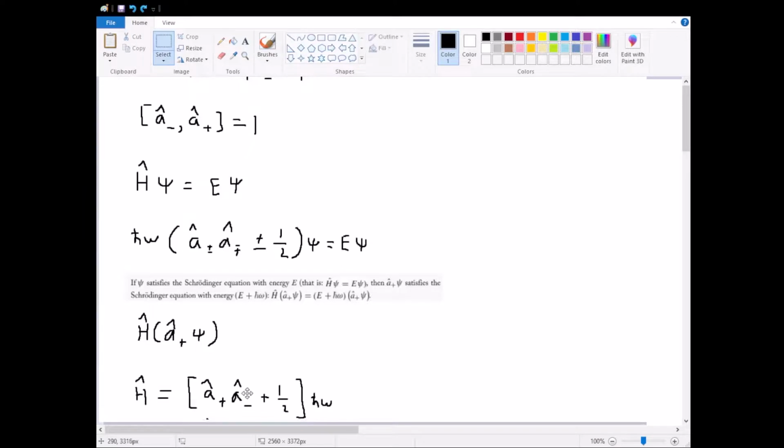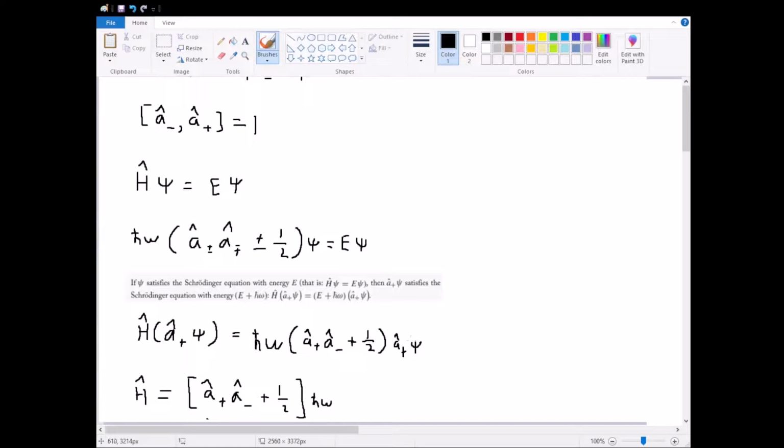So we know that h hat is equal to this property. So this is evidently going to be equal to, let's see, h bar omega times (a hat plus times a hat minus plus 1/2) multiplied by a hat plus times psi.